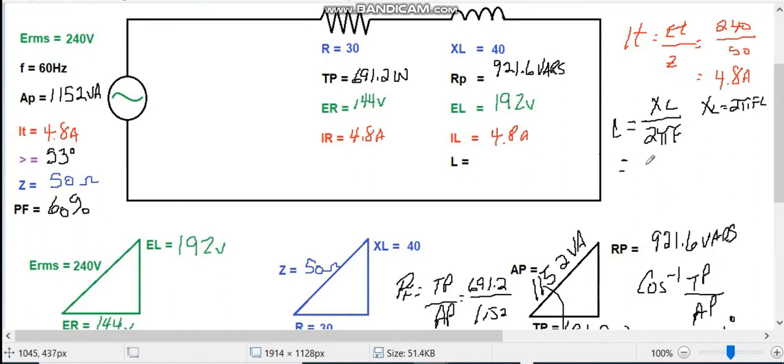So just transposed, I get the inductance equal to the reactance over 2 pi F. So I punch those numbers in. I've got 0.106 henries, or right, it is 106 millihenries. All right, so that was your homework.